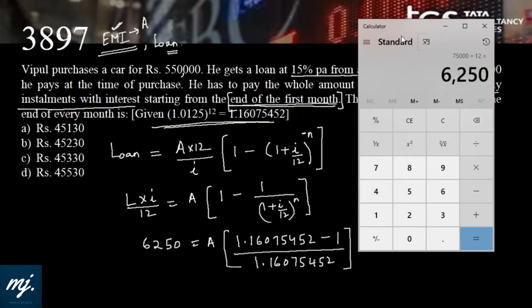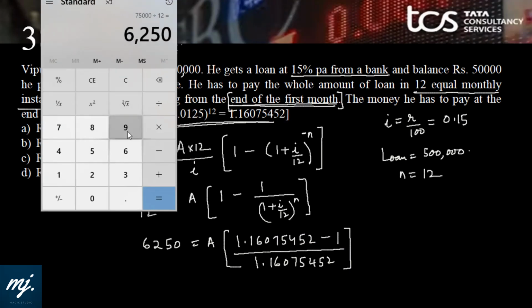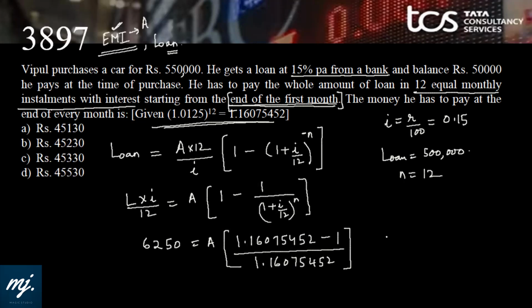Obviously we need a calculator now. So 6250 into 1.1607545 divided by 0.1607545 gives the value of A, that is 45129.